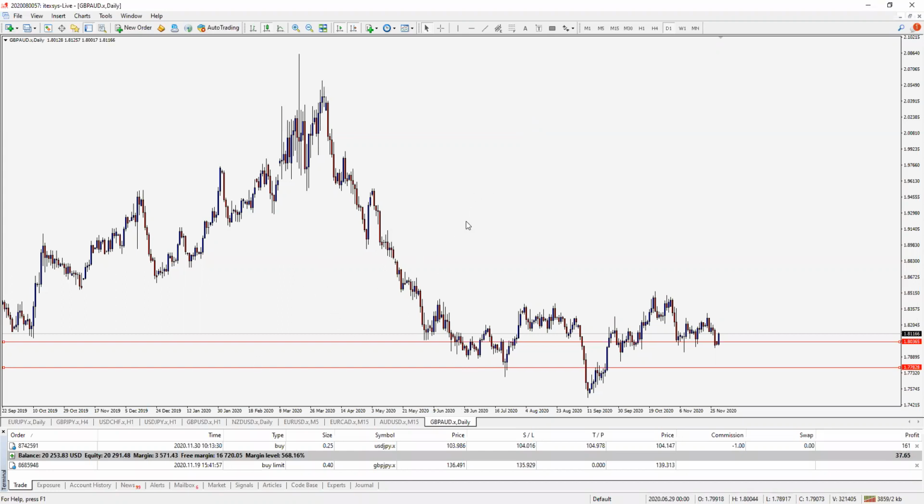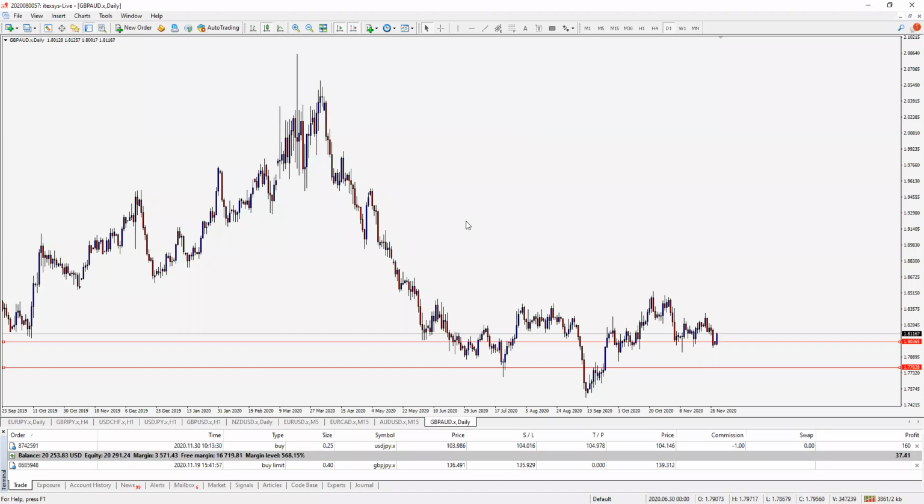The Quasimodo will come after a significant downtrend or uptrend, of course. If it's a downtrend like this one here, what defines a downtrend actually? A downtrend is when the price creates lower lows and lower highs every time.